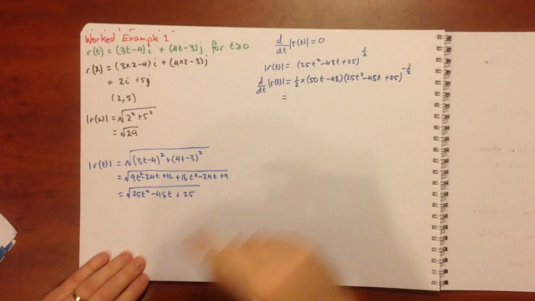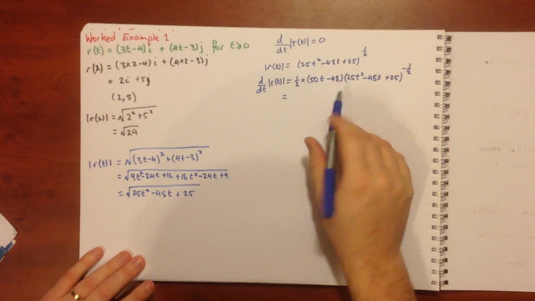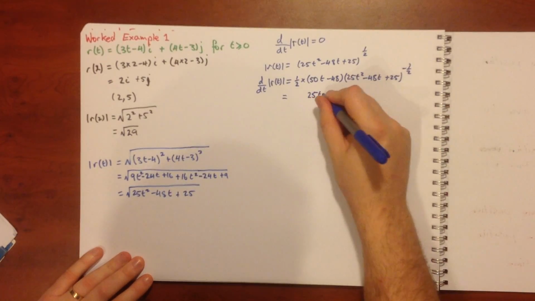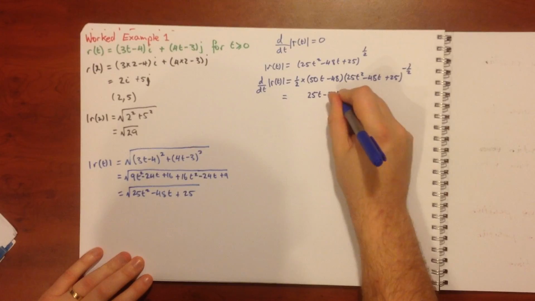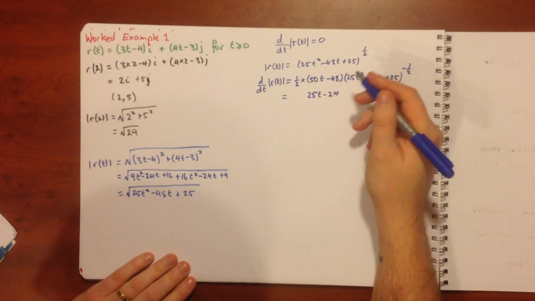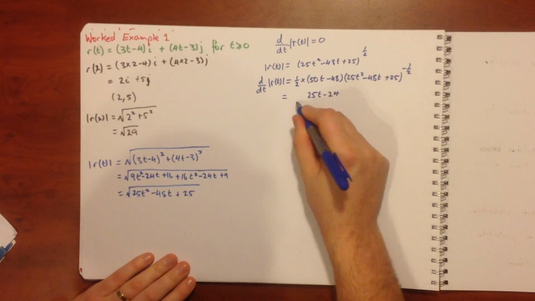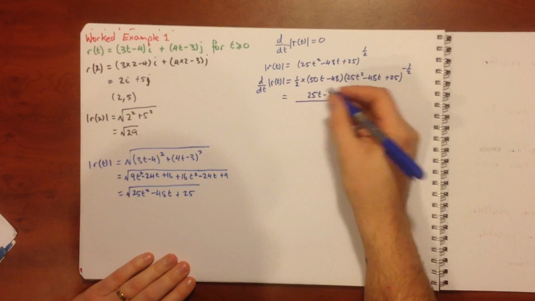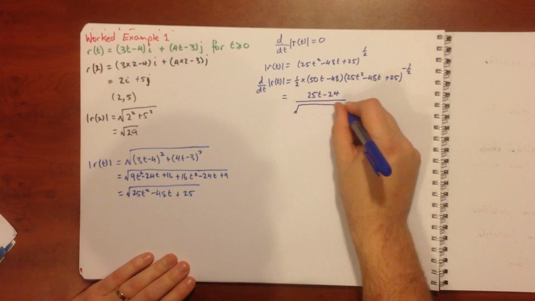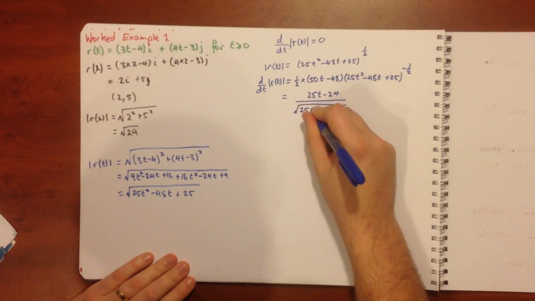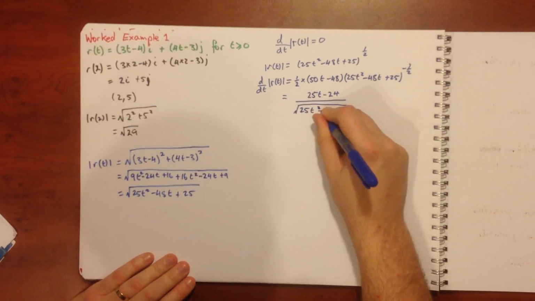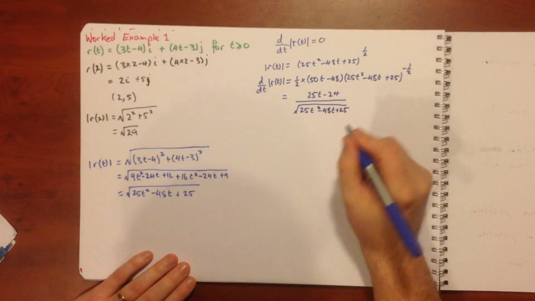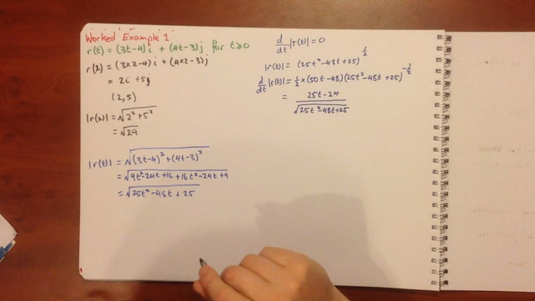Okay, and we can simplify that, because we can run our half through here and make it (25t minus 24) over our square root of 25t squared minus 48t plus 25. Okay, and we're going to set that equal to 0.